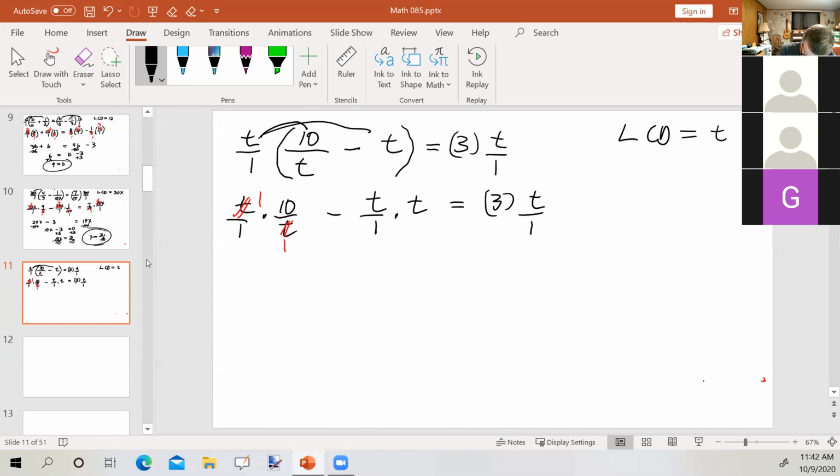So my first term is going to be 10. My second term is going to be minus T squared, and my third term, 3T.